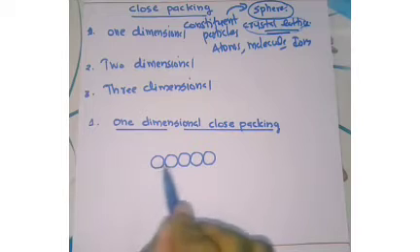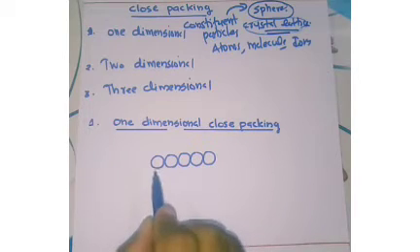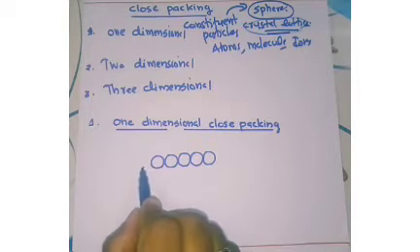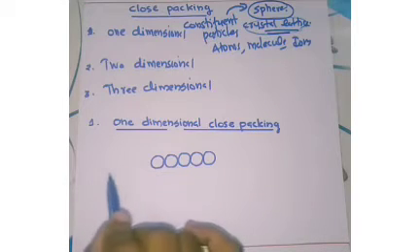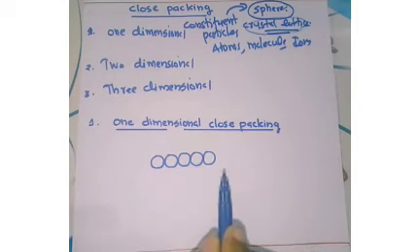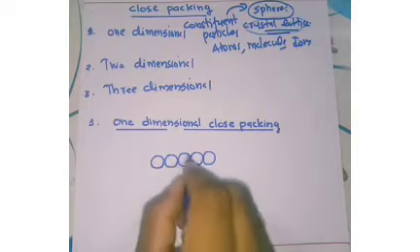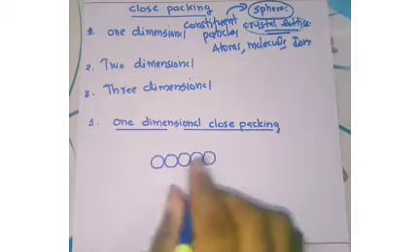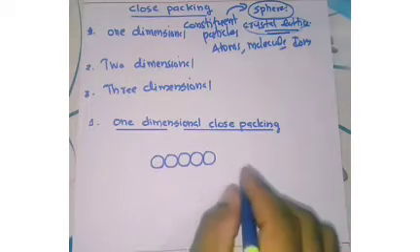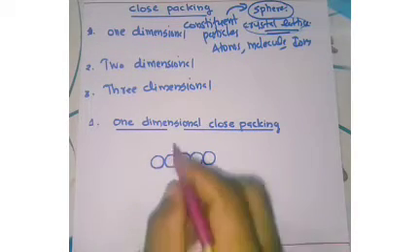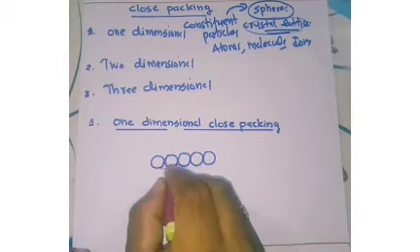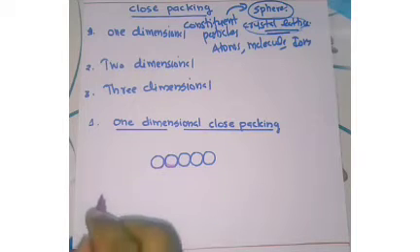First we discuss one-dimensional close packing. Simple. In one-dimensional close packing, spheres are arranged only in one direction, only in a single row. Clear? That is like this. Spheres are arranged either horizontally or vertically in a single row. Here we consider this sphere.